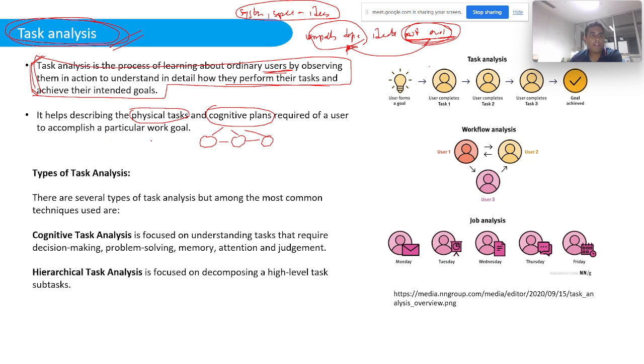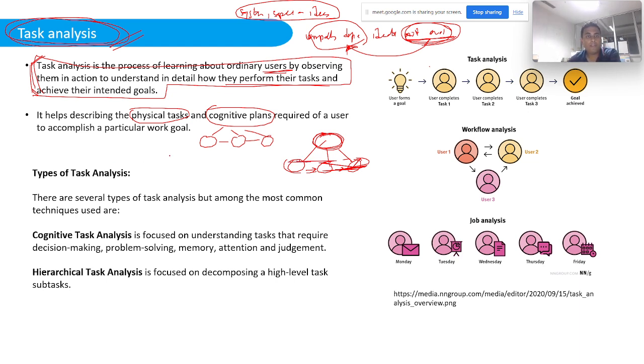So what we have in a task analysis is a particular goal, and then we have a set of tasks. So corresponding to each goal, we have a set of tasks in order to accomplish that particular goal. Okay. So task analysis involves a single user study, where we try to observe how a particular user achieves a particular goal by following a series of tasks, what sort of tasks he is following.